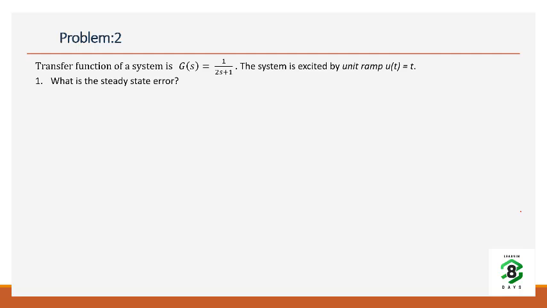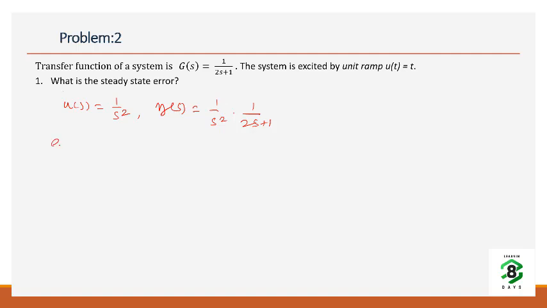So let us see what is the input in Laplace domain. This is 1 by s square, okay, and output is 1 by s square into 1 by 2s plus 1.